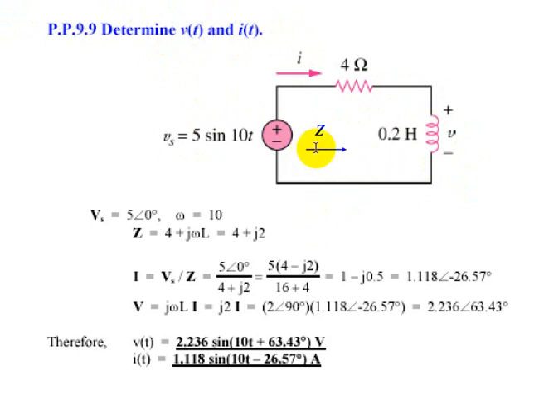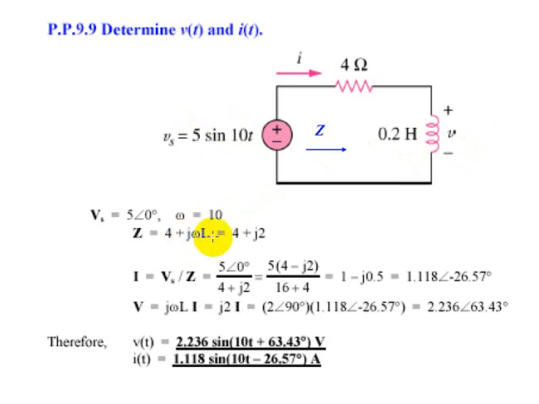Okay, let's find out the impedance Z. Impedance Z equals the resistance plus the impedance of this element. The impedance of this resistor is 4, and the impedance of this element is what? This is an inductor, so j omega L. Omega is 10 here.